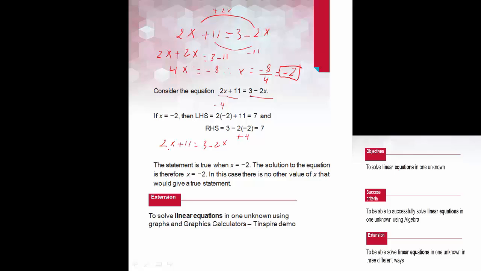If we wanted to get rid of the 2x from here, then we add to it negative 2x, and we add the same thing to the other side. Or if we want to get rid of that minus 2x, then we need to add 2x, so we add 2x to this side as well. And we need to get rid of the 11, so we subtract 11 from both sides.